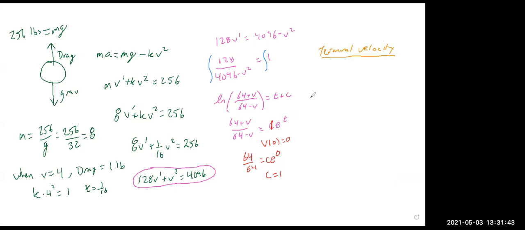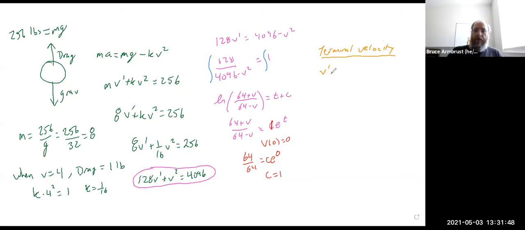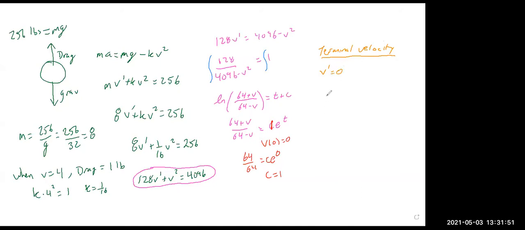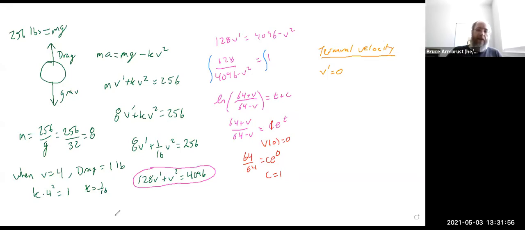Probably when v prime is 0. It's going to be when the v prime is 0. Because at that point, we're not changing our speed. We reached our maximum velocity, and that's where we're staying. So v prime is equal to 0. So we can actually answer that just by plugging 0 in. So that v squared is going to be 4096.